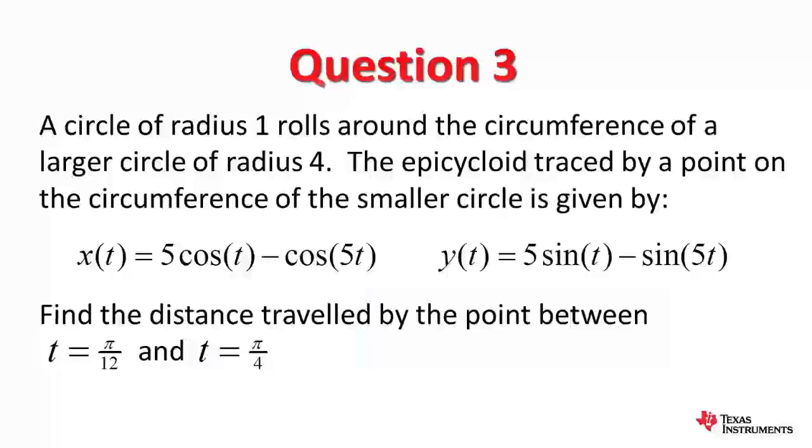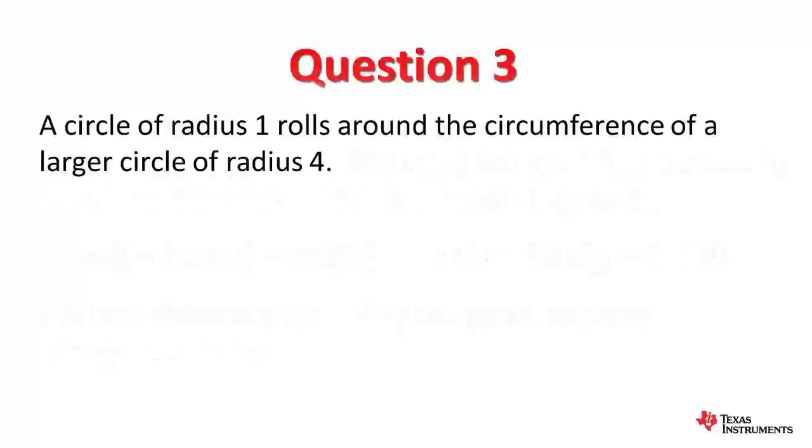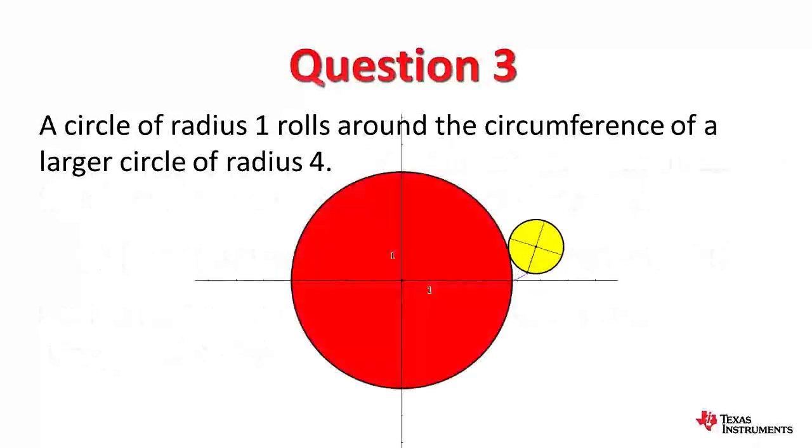The third example now is when the curves are defined by parametric equations. In this case, we have to use the formula. We cannot use the arc length feature because it only works with functions. So here are parametric equations for a point moving inside the bigger circle, a smaller circle moving inside a bigger one, and we create a curve.